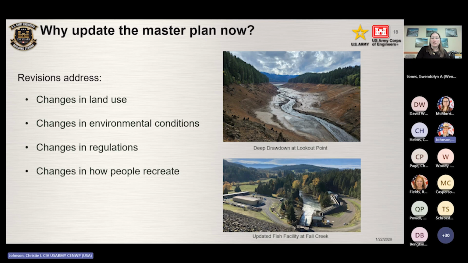Regulatory changes can include new federal species listings or other federal mandates. And then nationwide, we see changes in how people recreate with larger RVs. There are larger boats that are out on the water, and then also the popularity of paddle sports has greatly increased.